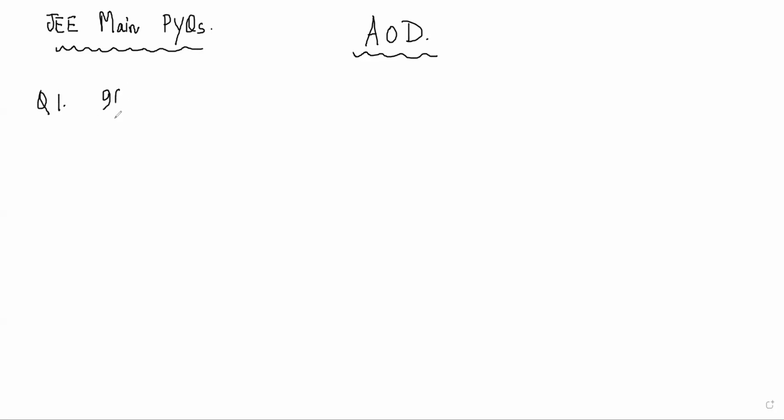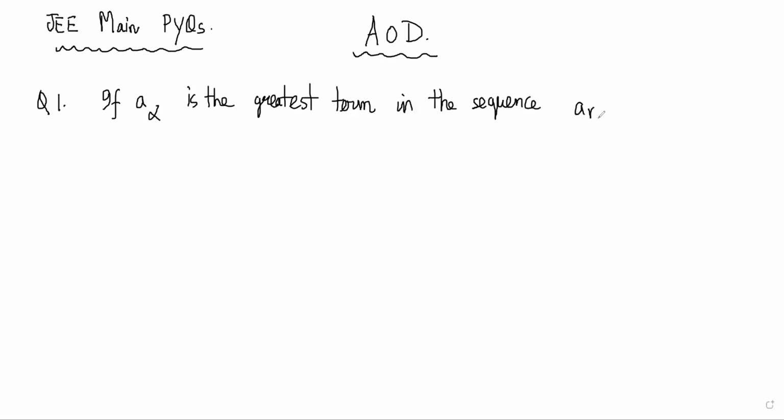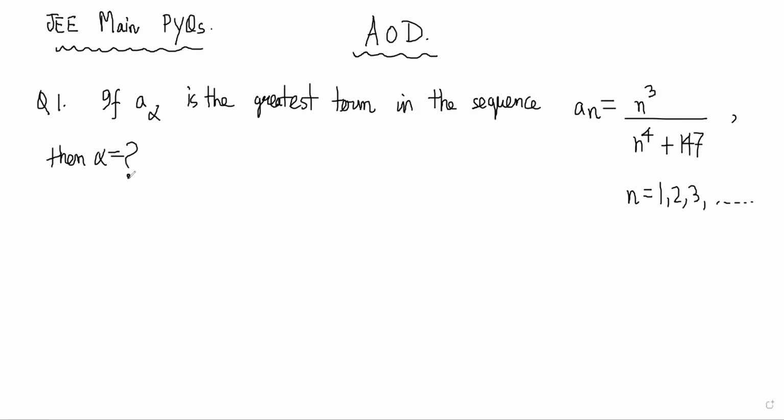If a alpha is the greatest term in the sequence a_n equals n cube by n power 4 plus 147, where n can be 1, 2, 3, and so on, then alpha is equal to what?